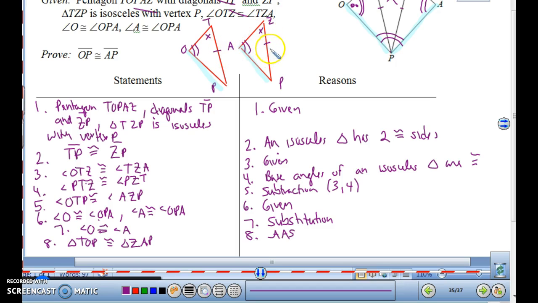Two angles, non-included side, so the triangles are congruent. And since those two triangles are congruent, all the corresponding parts are congruent. So that means side OP is congruent to side AP using CPCTC. So that is the fourth way of proving triangles congruent. We can now prove angle, angle, side, and triangles are congruent.